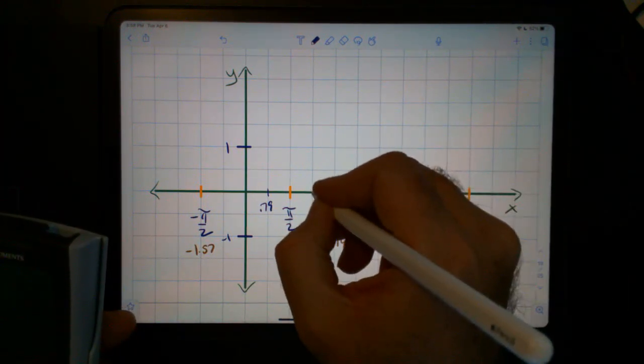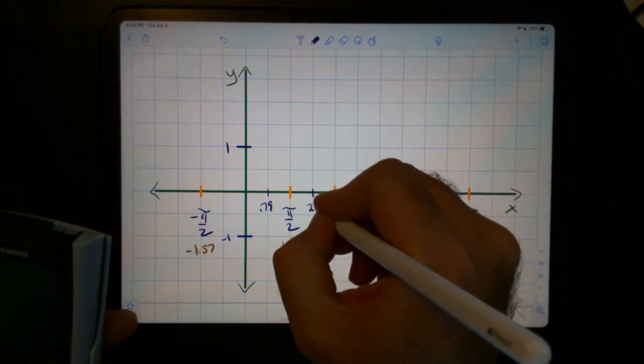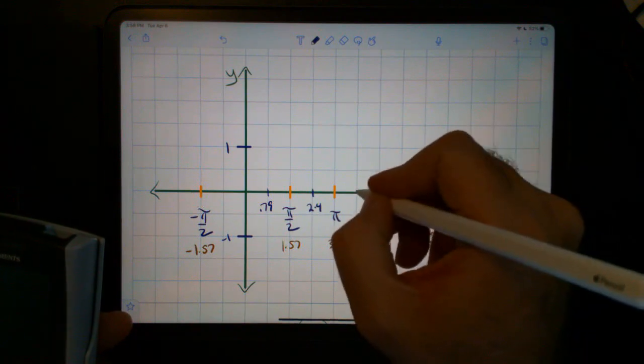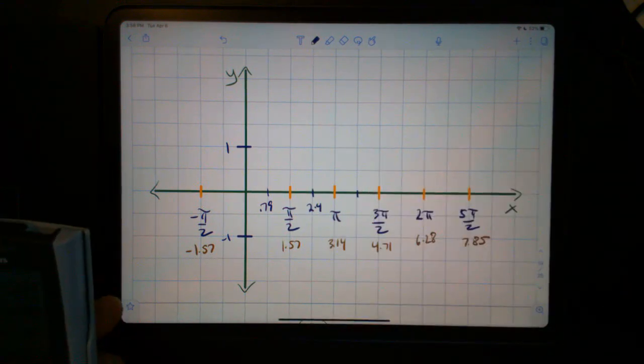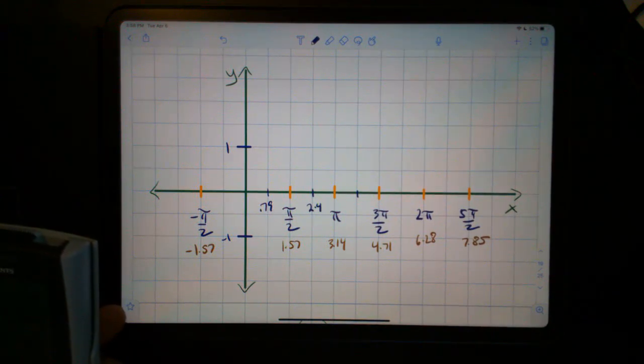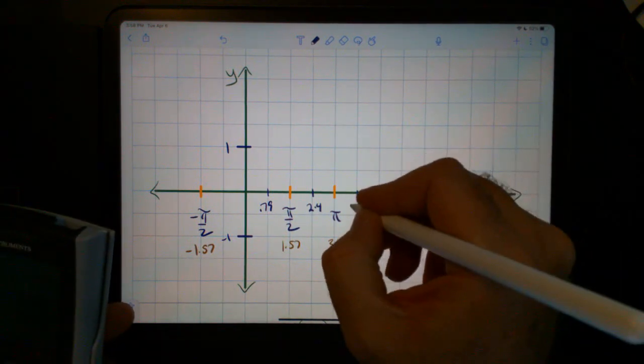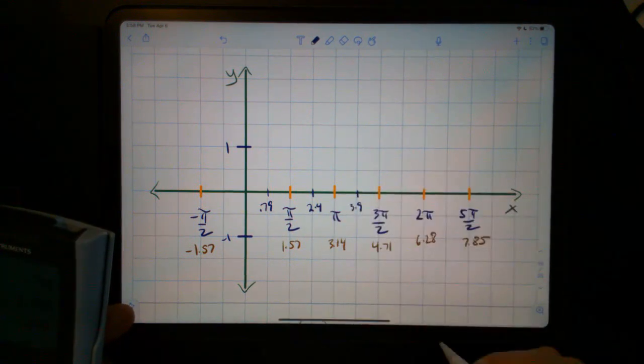And this mark right here gives us about 2.4. This mark is going to be about 3.9.